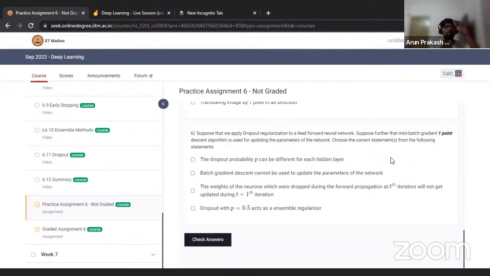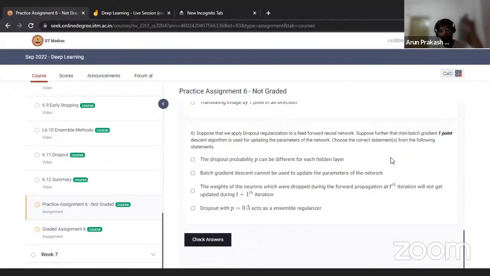Even if I have a hidden layer with 1,000 neurons, I can individually set the probability for each of these neurons. Especially, it is going to be a binomial process, by the way. At the end, if you look at 1,000 neurons, zeros and ones, you are turning it off or on. So it's a binomial process, but you can come up with a different distribution by controlling the p value.